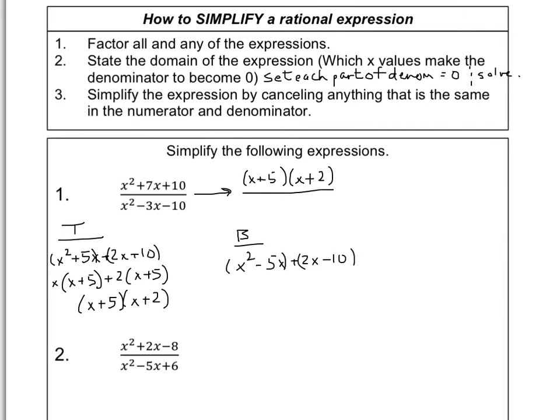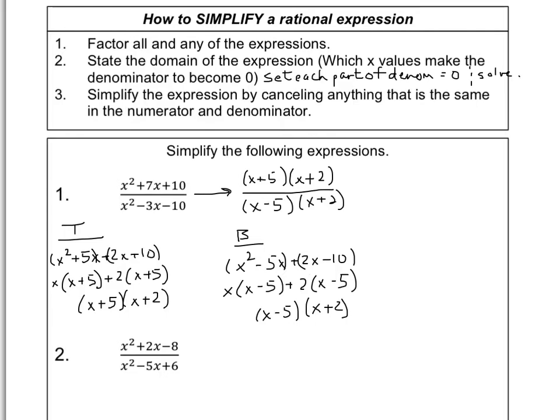Again, this is why we talked about factoring earlier as a review. Take out an x, left with an x minus 5. Take out a 2, left with an x minus 5. And I have an x minus 5 with an x plus 2 left over, and this is going to be on the denominator: x minus 5 and x plus 2. So I've factored everything.